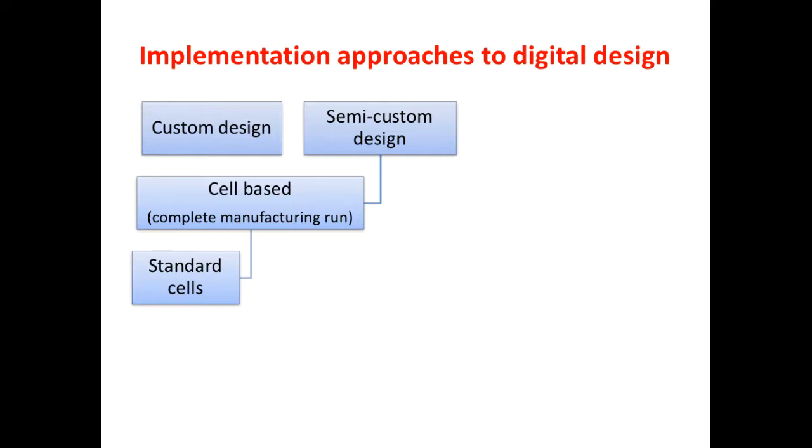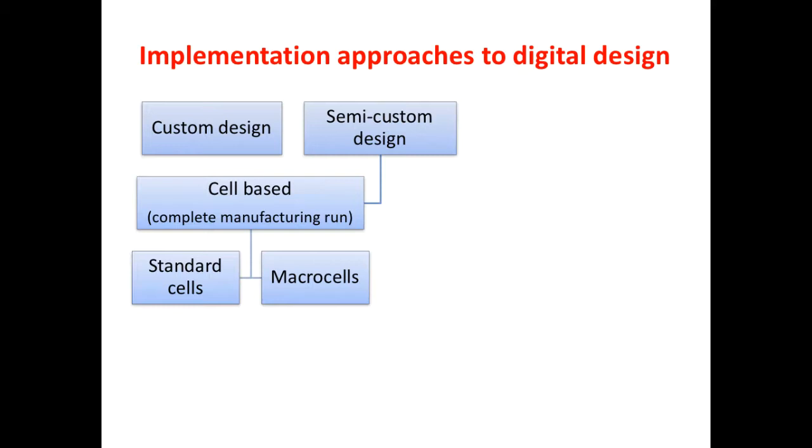There is another option for cell-based design in which we have some macro cells, which are larger cells. For example, a memory block, a large memory block already ready to be used, already designed, ready to be used and placed on silicon. These are two, let's say, extremes. There are lots of intermediate solutions.